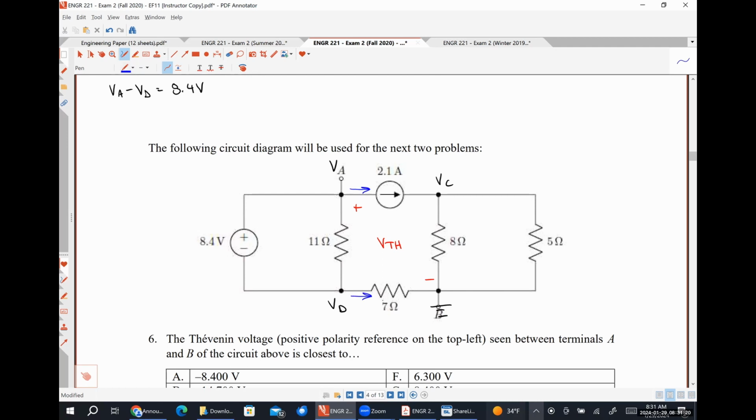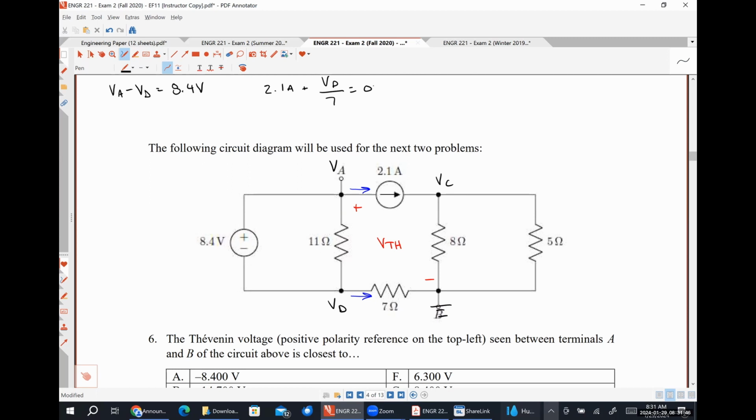The reason why my 11 ohm resistor isn't showing up in this equation is because I would be adding this current and this current together, and they very obviously cancel each other out, so there's no need to even bother putting them in there. So my KCL equation is going to look like 2.1 amps plus VD over 7 is equal to 0.